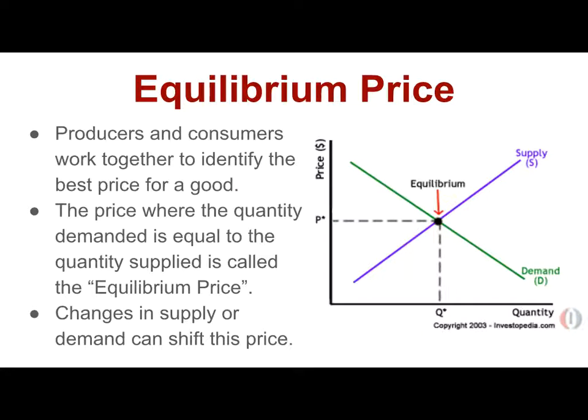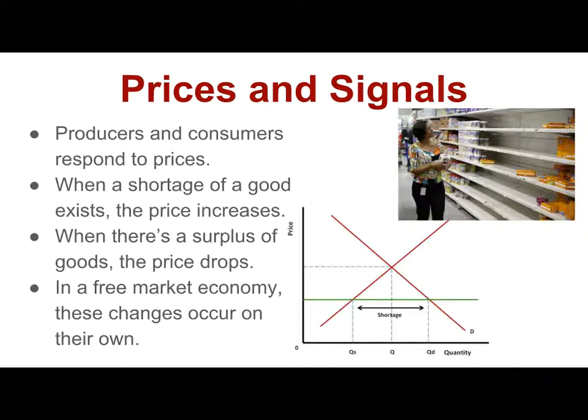This is where your quantity demanded is equal to the quantity supplied. It's where the price works for both. There's enough demand and enough supply at this one price point. And changes in supply and demand can shift this price point, but wherever the market meets and we have that supply meeting demand, that is your equilibrium price.